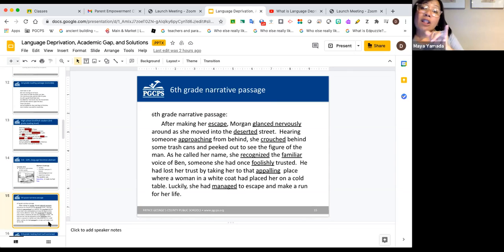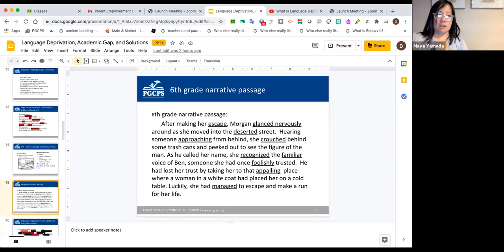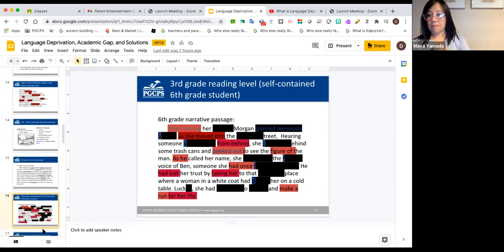So this is what it might look like for a 9th grader who's trying to read a 6th grade passage. If you see, I blacked out the words, that means they don't know those words. They're 6th grade vocabulary words. Remember, they don't yet have the 3rd grade vocabulary words.